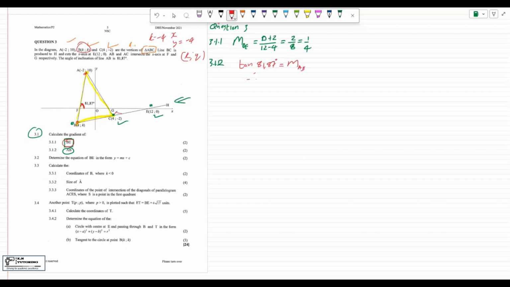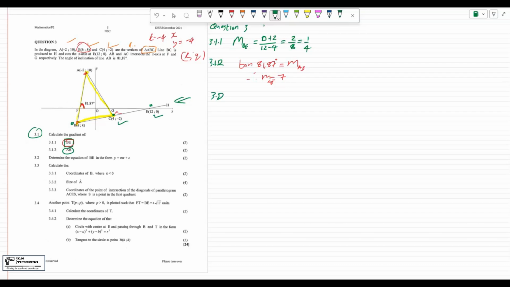Therefore, you can take out your calculator and find the arctan of this. Very, very important. So the gradient of AB is equal to that. All right, 2 marks.